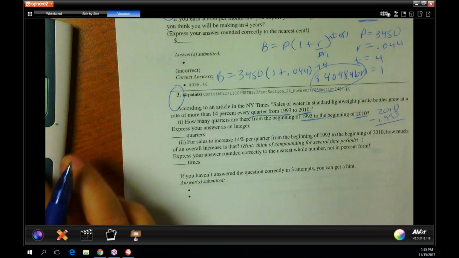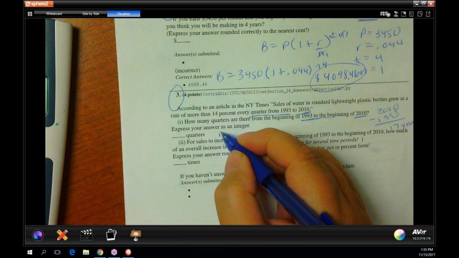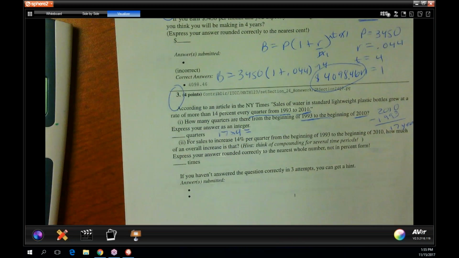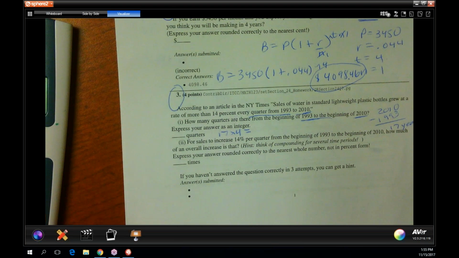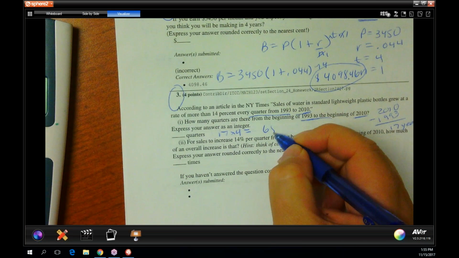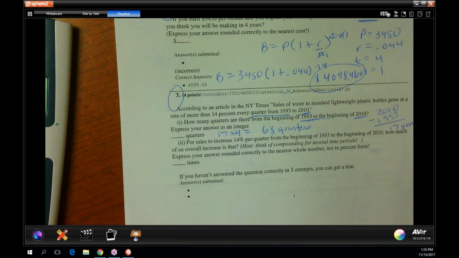Well, how many years is that? That's 17 years. Quarters is 4, so 17 times 4 is 68 quarters.